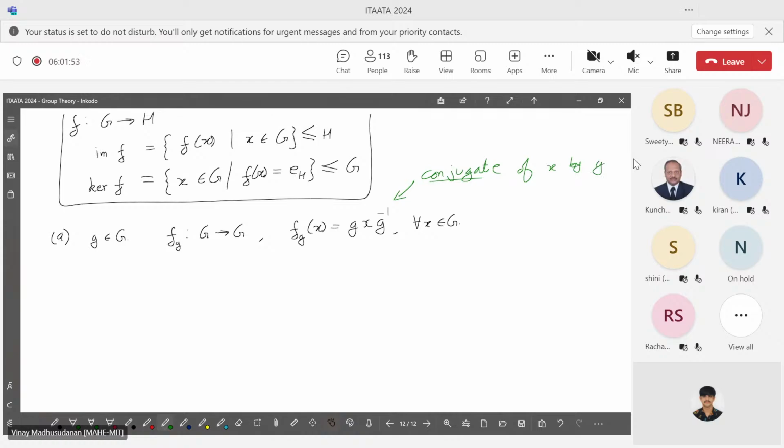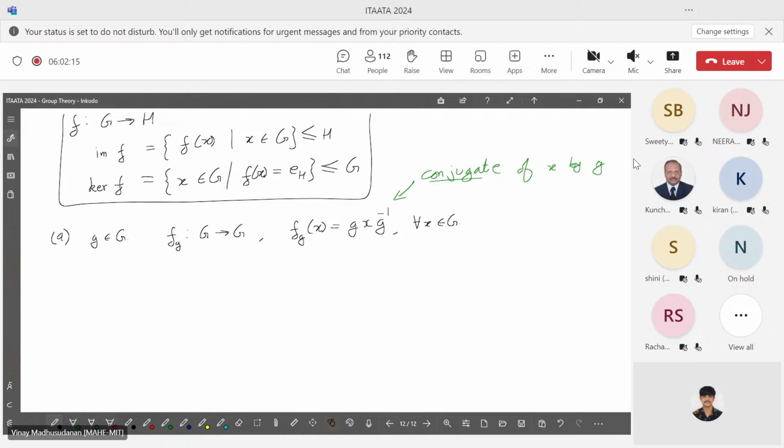The operation is called conjugation, nothing to do with complex conjugation. In matrix theory, we would call it a similarity transformation. You do P x P inverse also, which you are familiar with in diagonalization, for example.